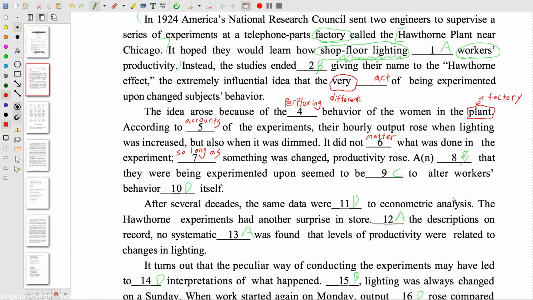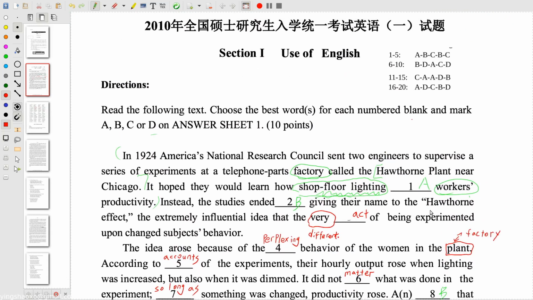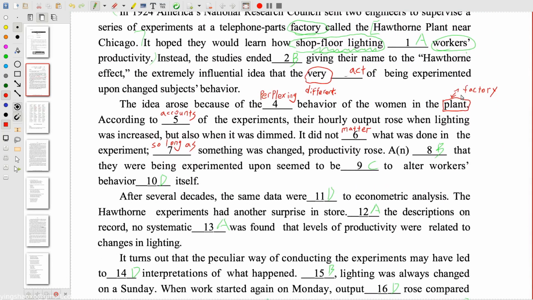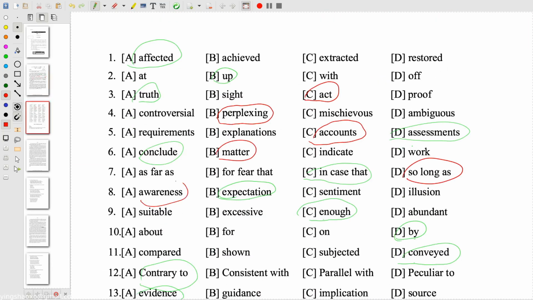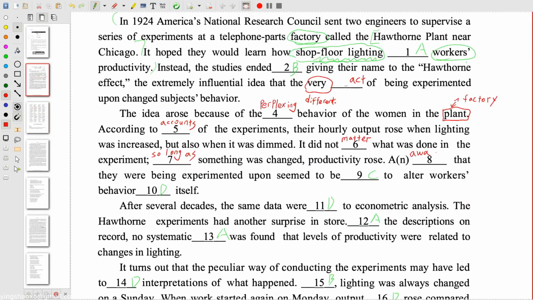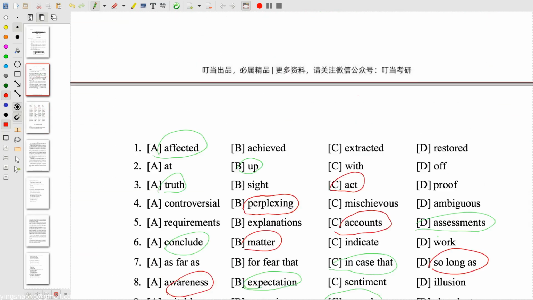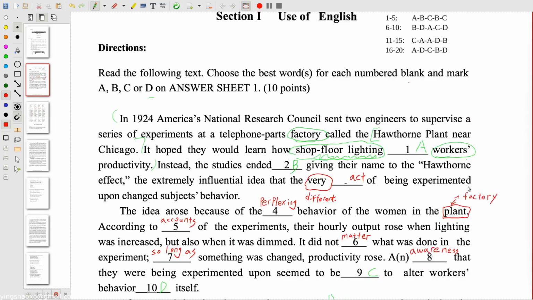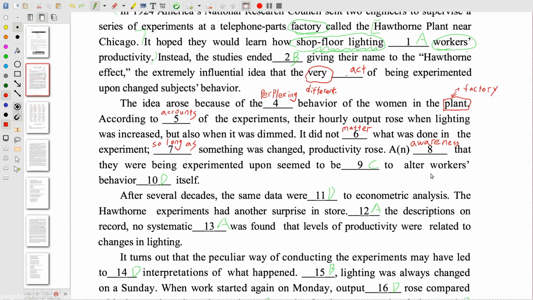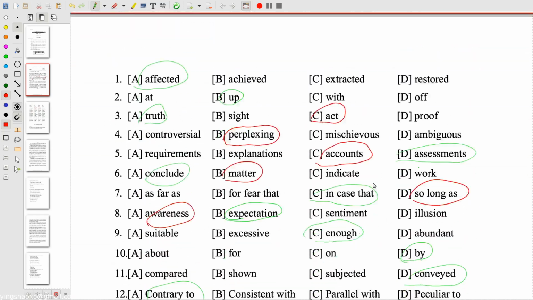Then let's go on with 8. We should choose A here. Let's have a look at the answer A. A is awareness. And awareness that they were being experimented upon seems to be... The right answer is C. We are correct.